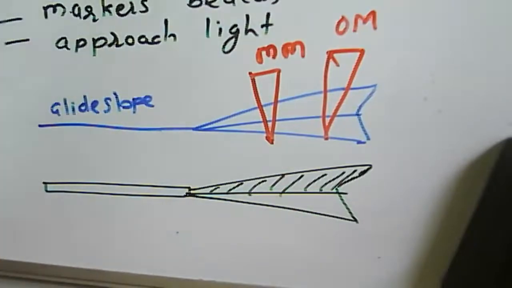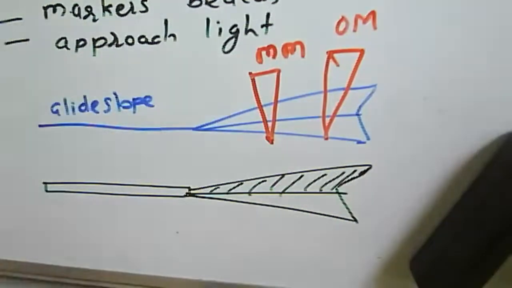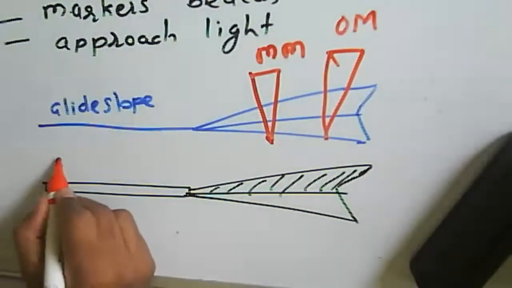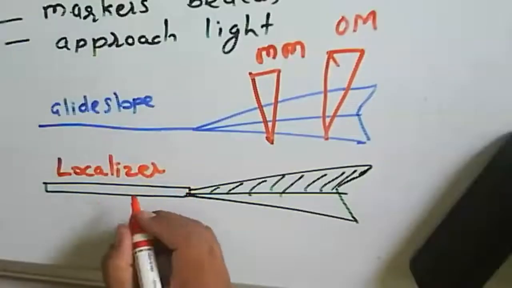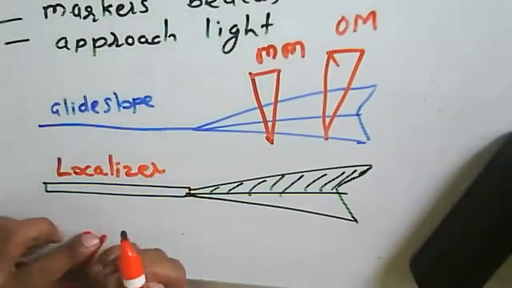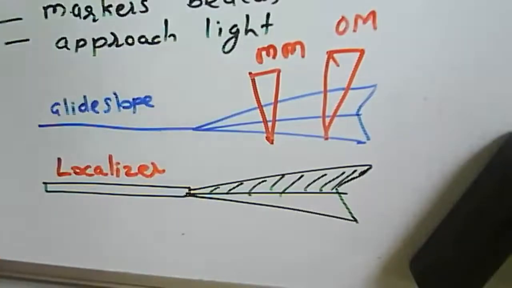So generally we say that a localizer signal provides information regarding the azimuth angle. So this one is about the localizer. In that case, we will get the information regarding the azimuth, and then it will guide the aircraft to the center line of the runway here.